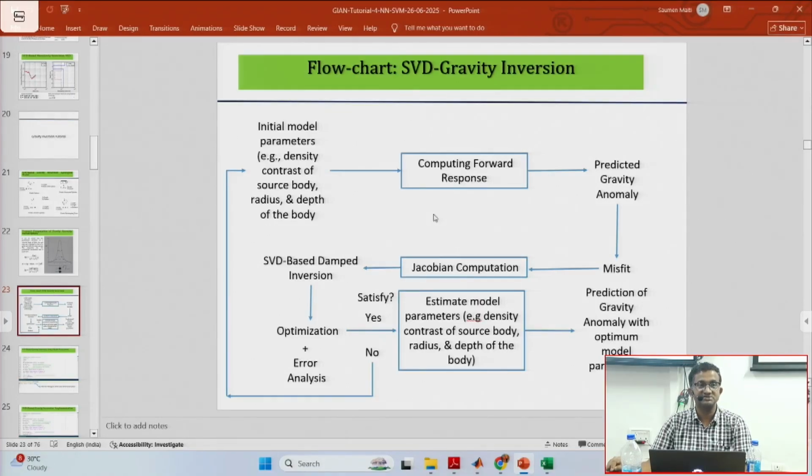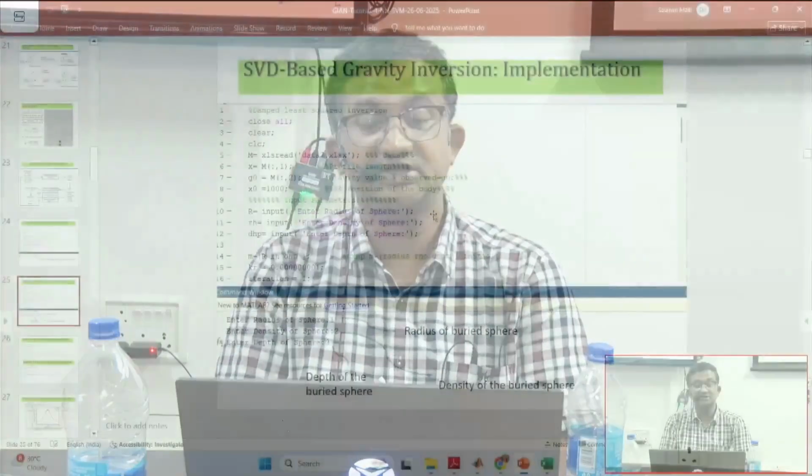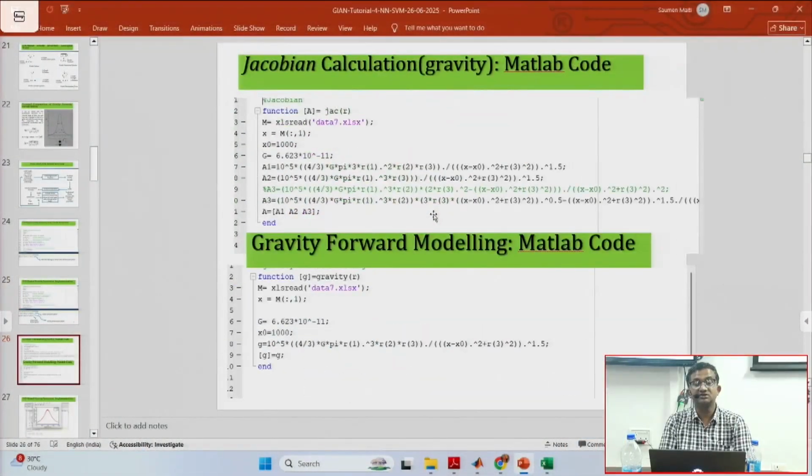In this problem, we are given a data set of gravity along a profile, and using a code, say a damped least squares based inversion code, we need to find the best way to fit observed versus predicted data. In this code you provide the radius, density, and depth, and it computes the forward response.